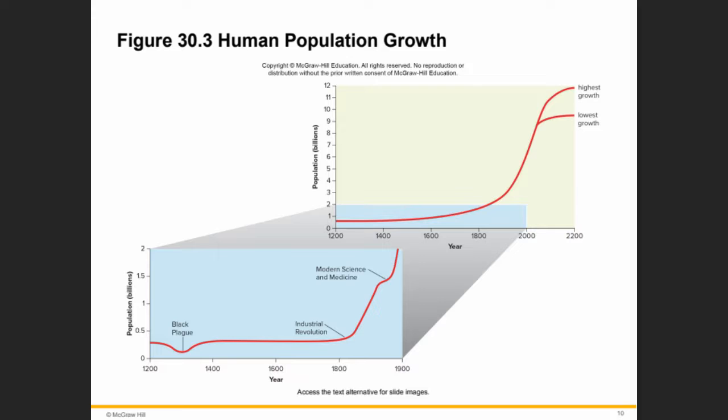The line began from 0.25 billion at the year 1200 and ends at 2 billion at year 1900.